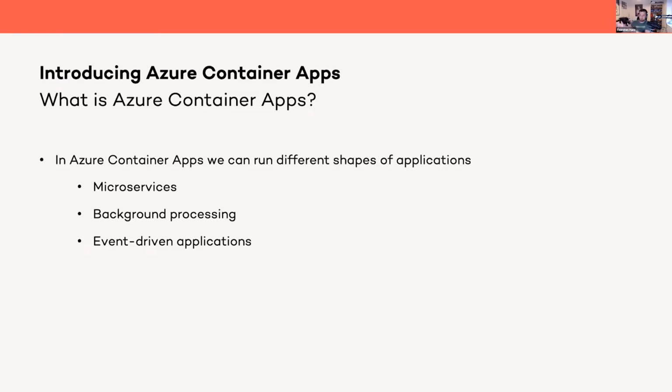You can take those and run them in Azure Container Apps. That's a no-brainer. Then event-driven applications, obviously, you can do that because of KEDA. And then there's background processing. So the typical cron job that runs at 5 a.m. in the morning, doing some heavy data lifting or processing stuff in the database.